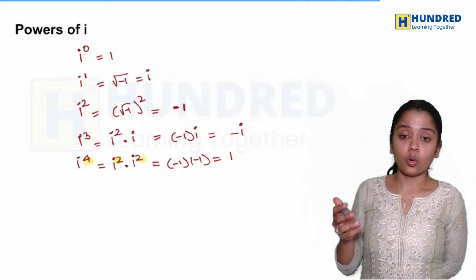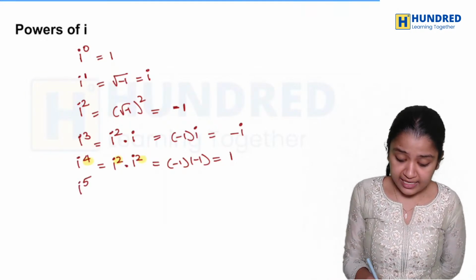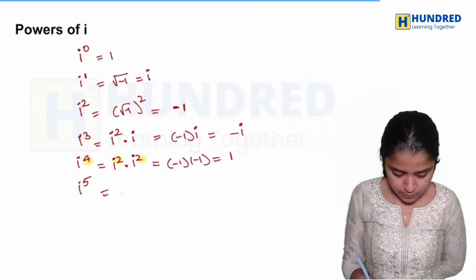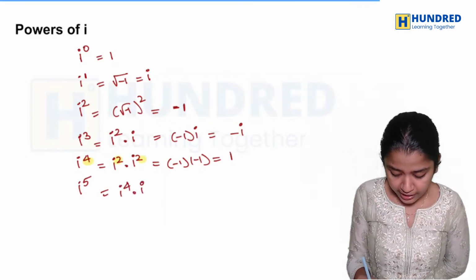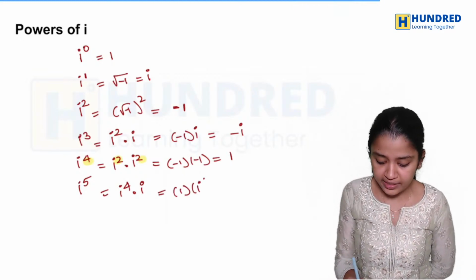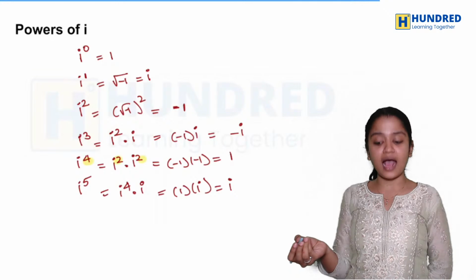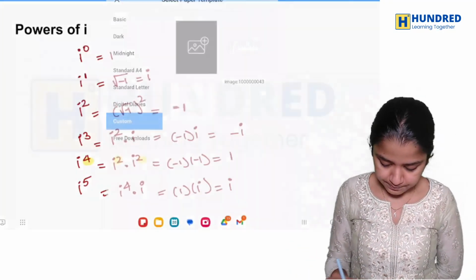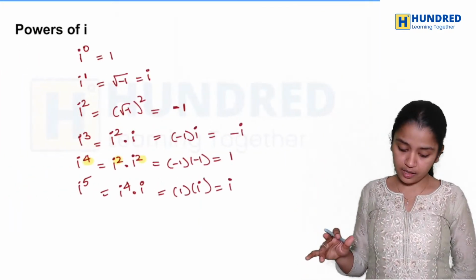Now, what happens in the next one? i power 5. I can split it as i power 4 into i. What is i power 4? It is 1, so 1 into i, which is again i. Now what about i power 6?